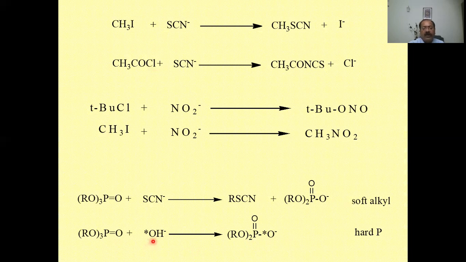A starred, that is labeled oxygen, was used to confirm this. And you can see the labeled oxygen is attached to phosphorus. Whereas when it was treated with thiocyanate, the thiocyanate attacks the alkyl group and we get this phosphate moiety, because this is soft and the alkyl group here is a softer end compared to the phosphorus.